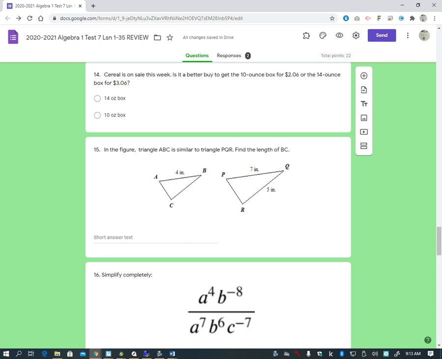Cereal is on sale. Is it a better buy to get a 10-ounce box for $2.06 or the 14-ounce box for $3.06? Okay, how can we determine this? Do you ever go to the grocery store?